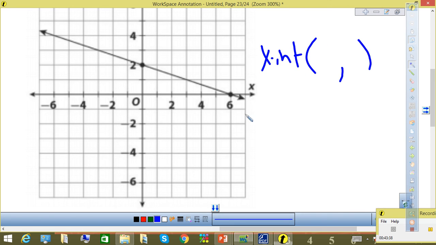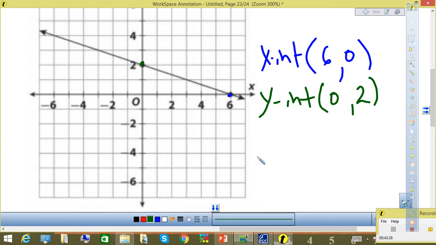So what is our x-intercept? It's 6, 0. Our y-intercept is right here. What is the y? 2. The y is 2. But what is x? 0. And that's how I need it written.